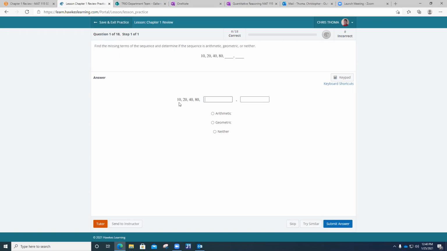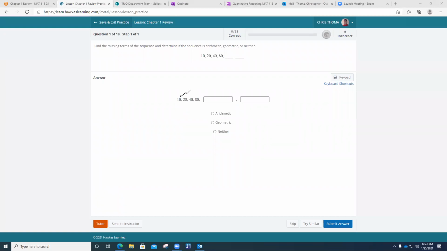So if we're looking at this sequence, you can see there's a pattern here. So I go from 10 to 20, sorry, and then 20 to 40, then 40 to 80. And what you can see here is this is a pattern.